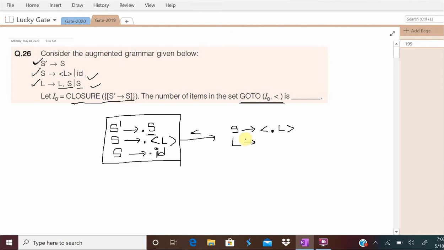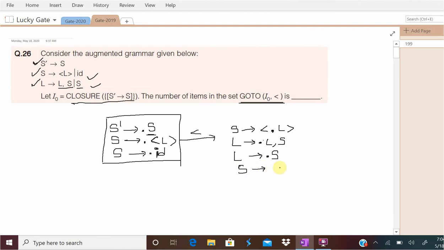Now L having two alternatives, with the dot at the beginning, L → .L, S is one production, and L is also having one more production, L → .S. Now adding L productions means that derivation should continue with S productions. It means that we have to add even S productions also into the same set.